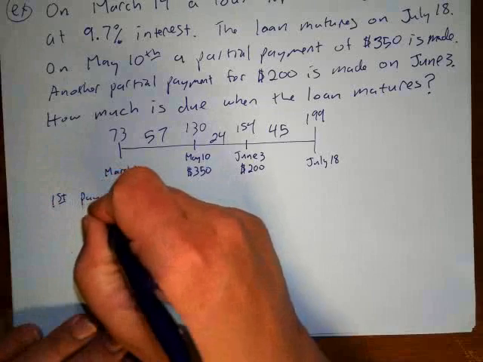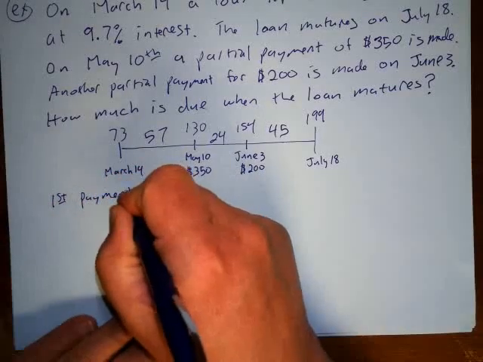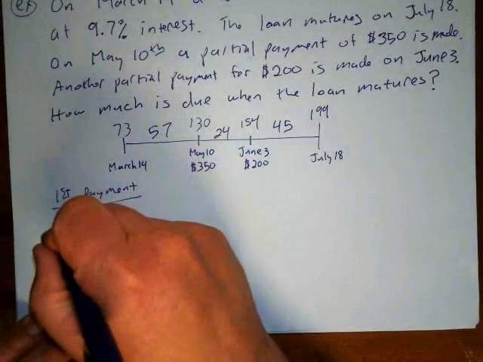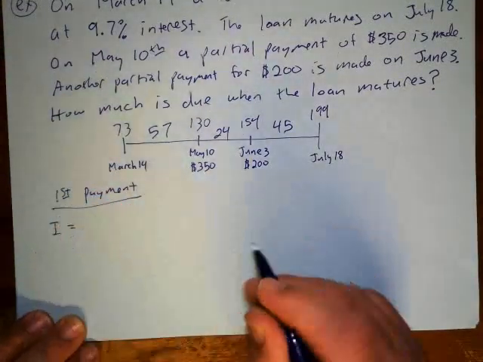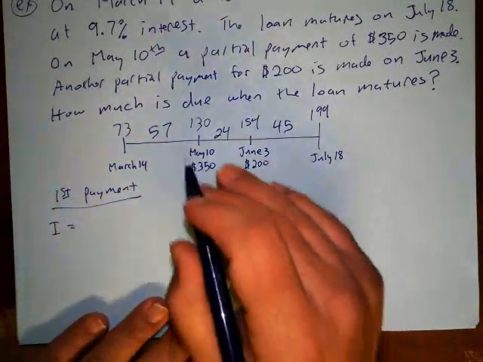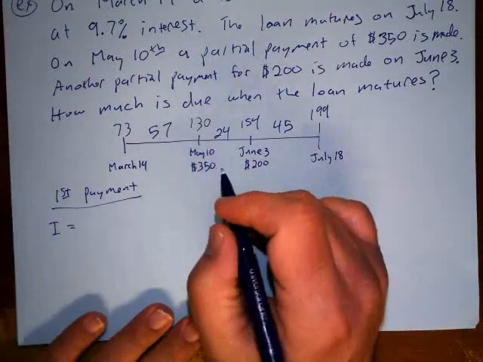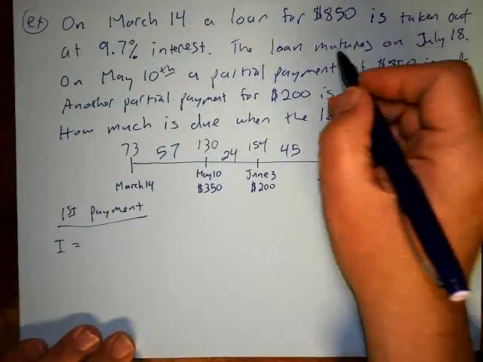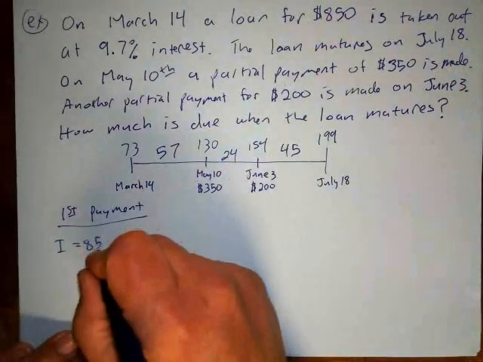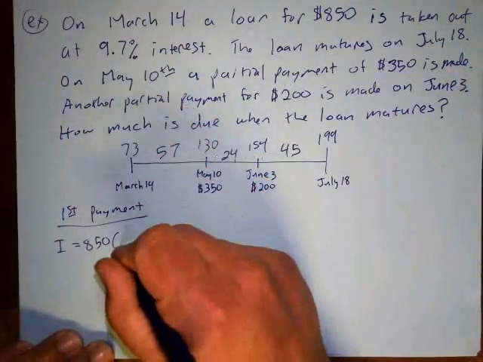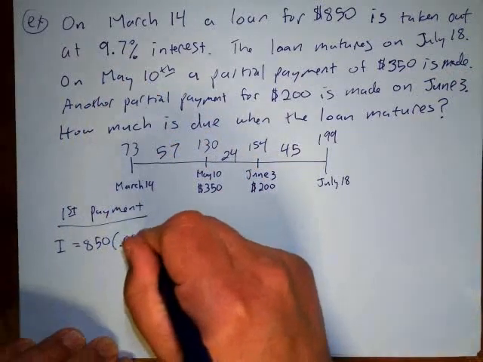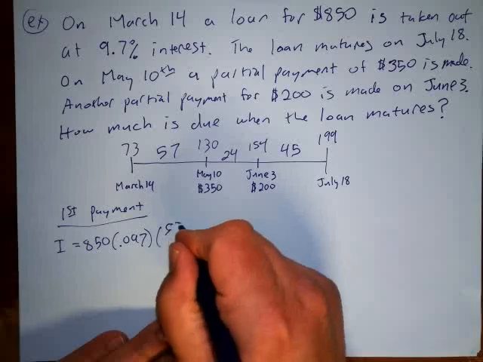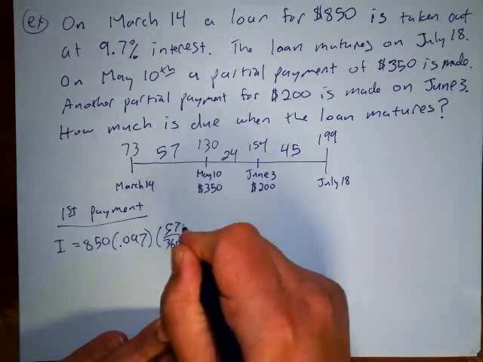So I'm just going to figure out what happens at the first payment right here. So I have to calculate the interest. So I borrow $850, 9.7% interest, so 0.097, and then this period is 57 days, so 57 over 360.